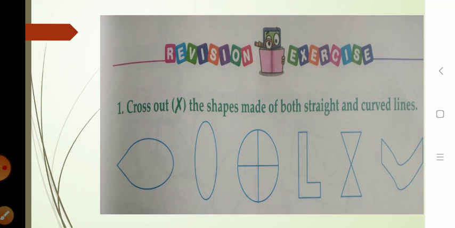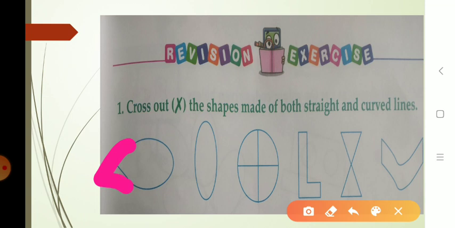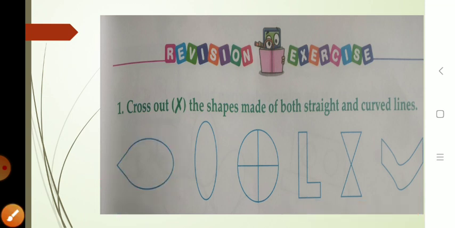Here you can see two straight lines and one curved line. So the shape is made with both curved and straight lines. So what you have to do? You have to cross it in your textbook.